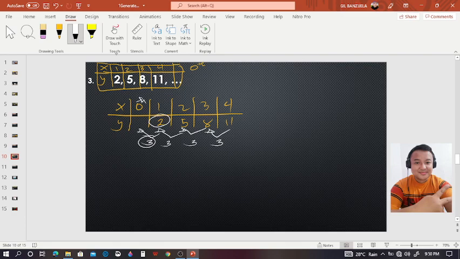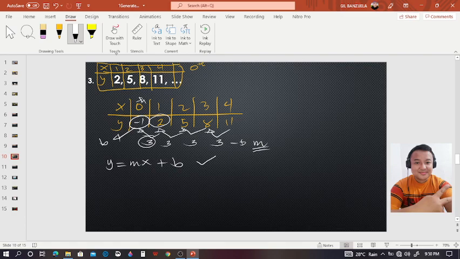So, 2 minus 3 is negative 1. Using the slope-intercept form, y equals mx plus b, we simply plug in the common difference, which is our m or the slope, and our zeroth term, which plays the role of the y-intercept. So, let's plug in.